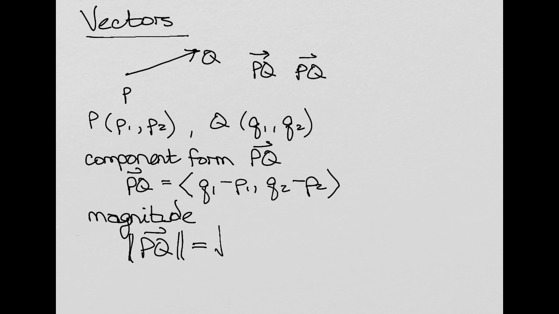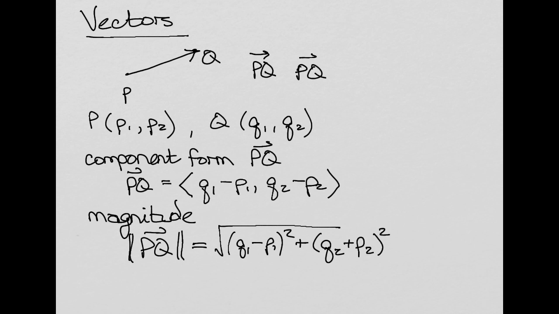The square root of the difference of the x coordinates squared plus the difference of the y coordinates squared. I said difference and I wrote a plus. Let's fix that. There we go. So the magnitude or the length of the vector looks like that.